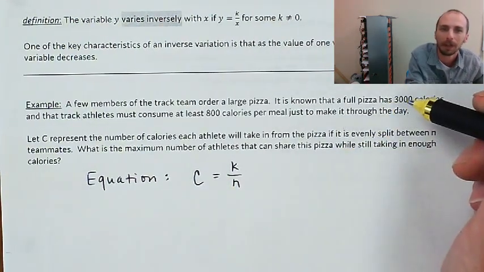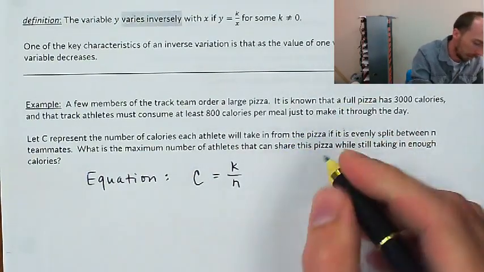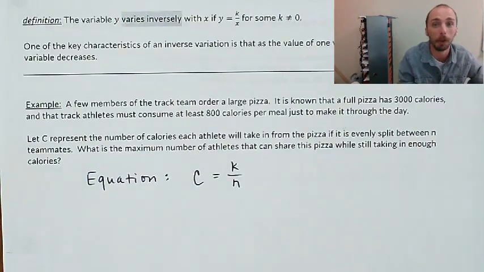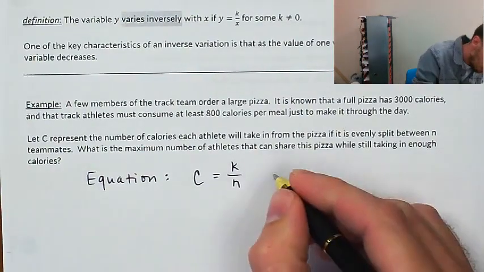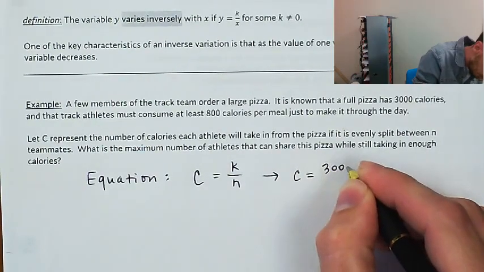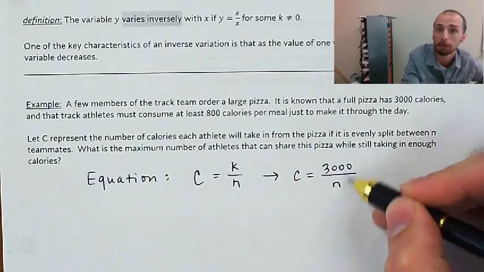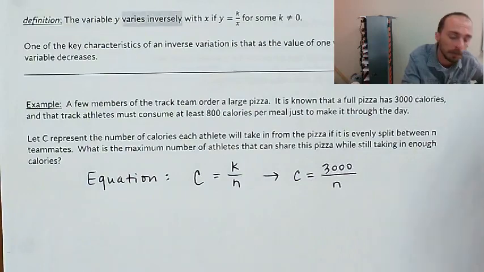Right? So we're dividing 3,000 by the number of people to get the number of calories each person gets. That was not entirely obvious. I've got two more down below that will be much more obvious. Okay, so this is going to be C equals 3,000 calories divided by a number of people gives you calories per person, right? The units of this divided by the units of that will give you the units of C.